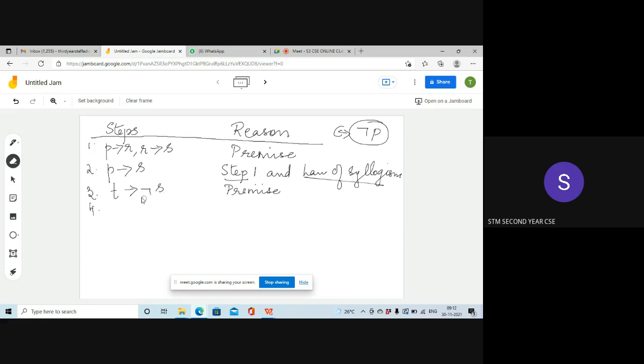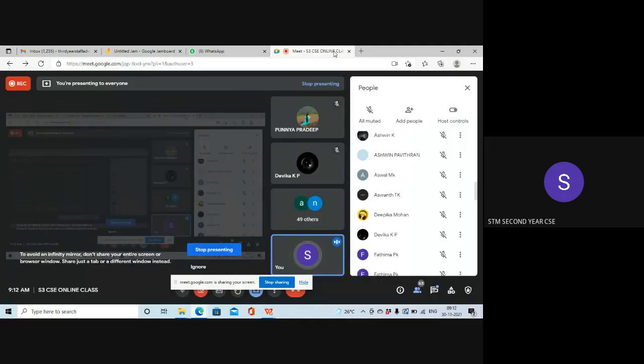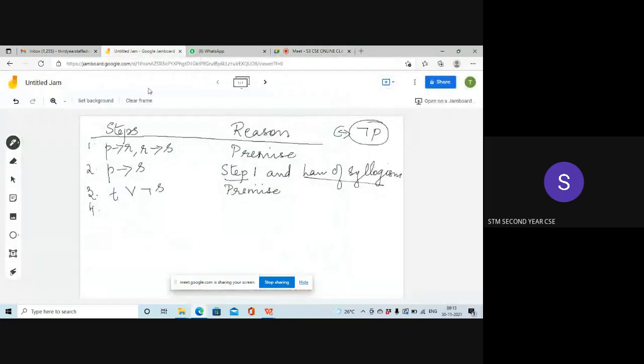The third premise given is T or not S. Is it clear? Did you understand that? The third premise is T or not S. It is not T implies not S, it is T or not S. So that is a premise.